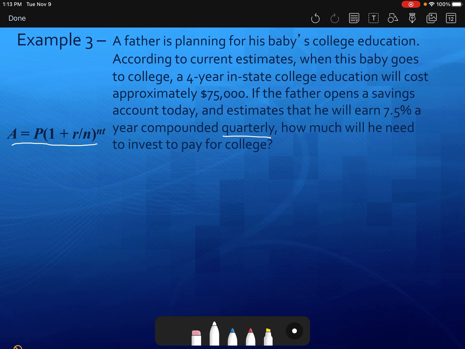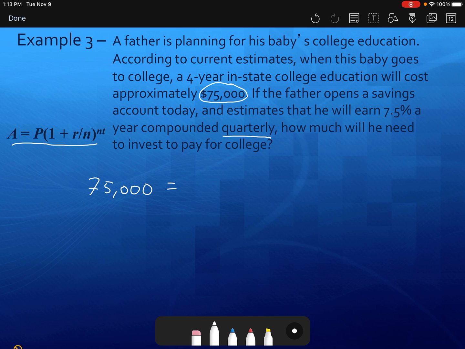Okay, now we have to see what we're looking for here. And in fact, we're not looking for how much money we're going to have. We're looking for how much money we need to invest if we never, ever put any money away after that. Well, that's probably not going to happen very often. Usually we'll just put $100 a month in it or something like that.